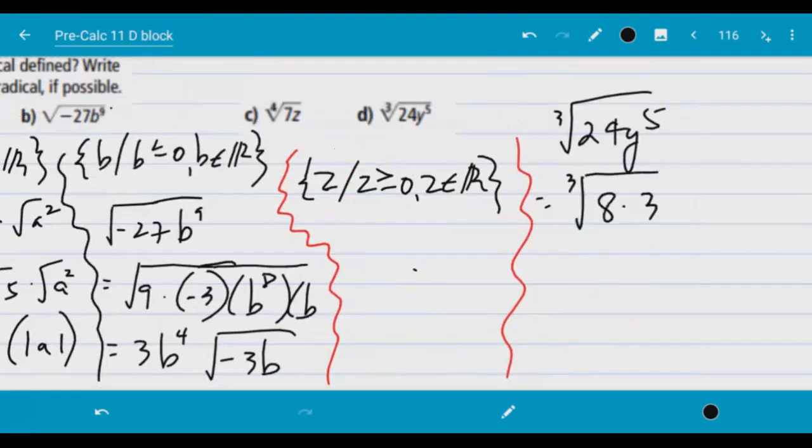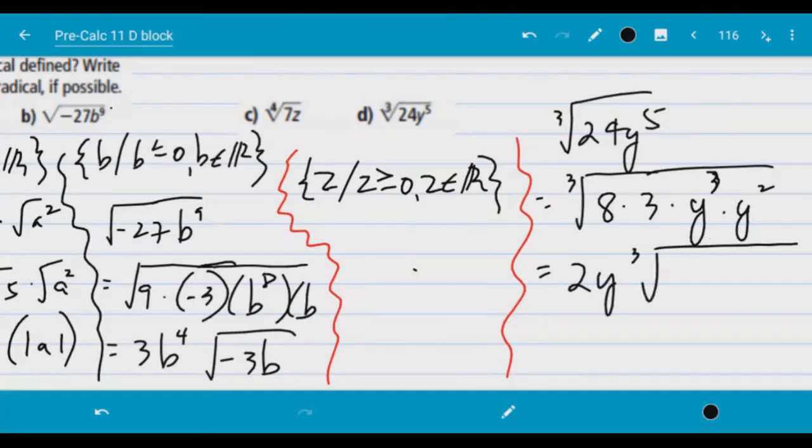Y to the 5th, let's split it up into y cubed times y squared, because y cubed has a cube root. So what comes out? The cube root of 8 is 2. That comes out. The cube root of y cubed is y. And then what's left would be the 3 and the y squared. And there's your answer.